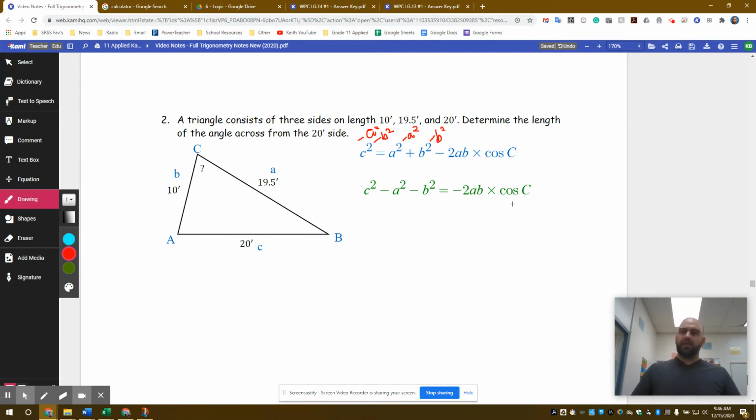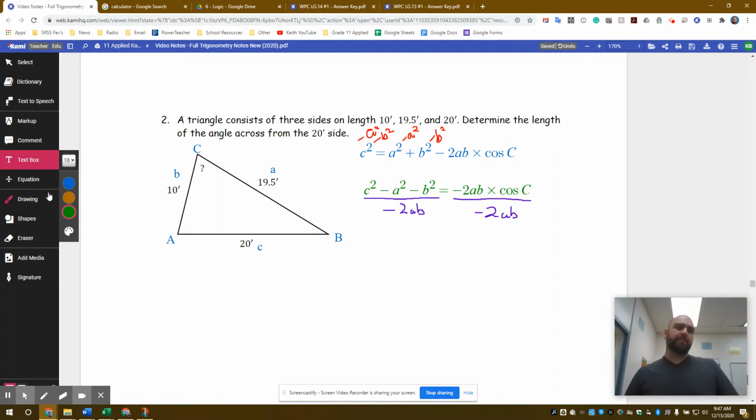Again, we're still trying to get c all by itself. The next thing we need to do is get rid of this negative 2ab, which is being multiplied to cos c. So I'm going to divide this side by negative 2ab, and I'm going to divide this side by negative 2ab. Again, I'm dividing the entire side by that.